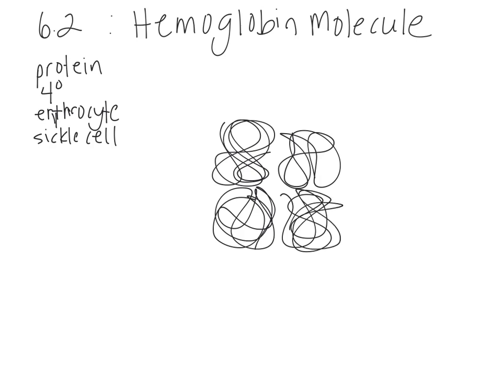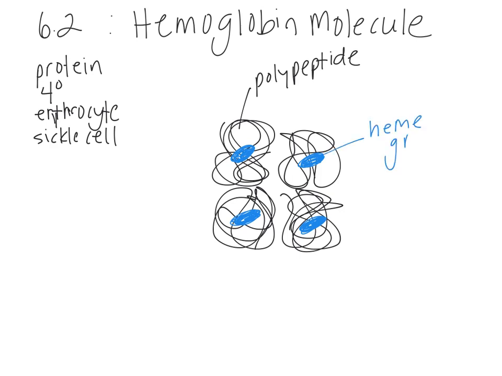Okay, 4 polypeptides. In the middle of each polypeptide is what we call a heme group. And this heme group is where the oxygen molecule that the hemoglobin is responsible for carrying is actually going to attach. The heme group.